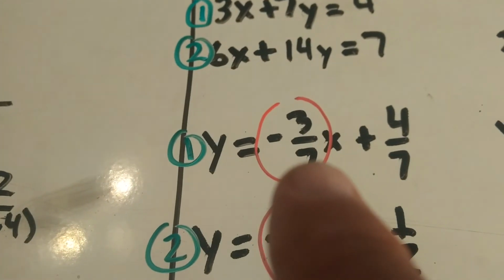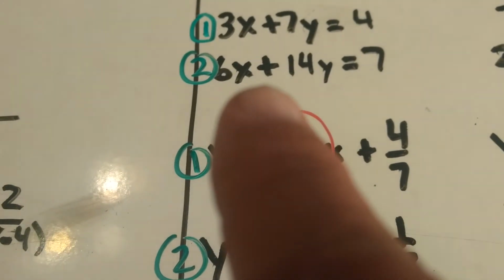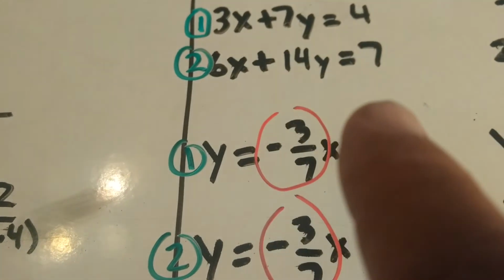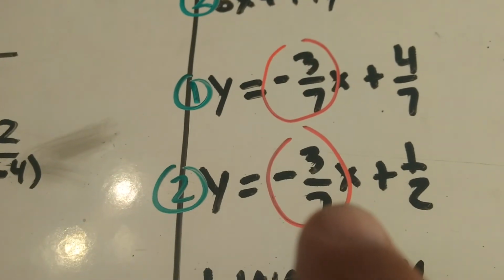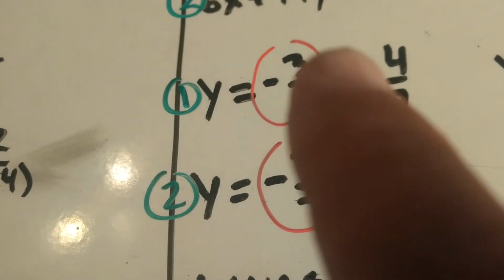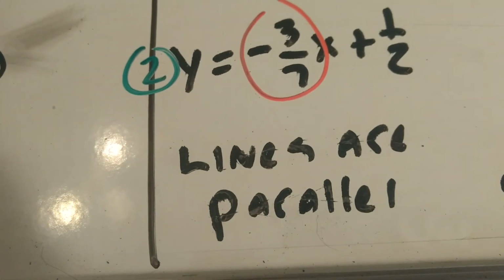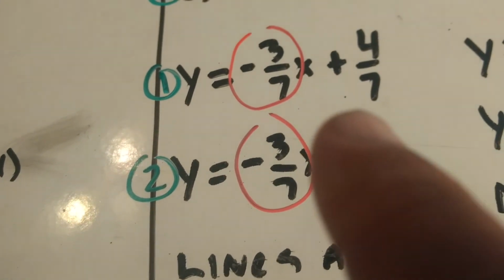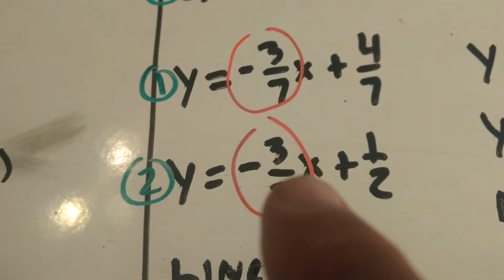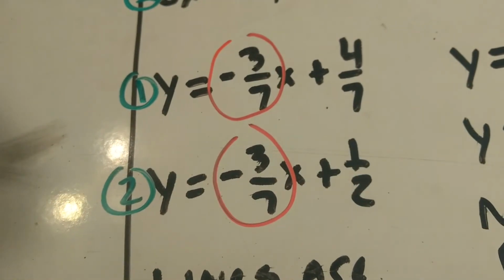We got y equals -3/7 x plus 4/7. Take equation 2, subtract 6x over, divide by 14. Reduce fractions, we get -3/7 x plus 1/2. Because the slopes are the same sign and the same number, the lines are parallel. Remember, parallel lines will have the same slope, sign and number, but different y-intercepts.